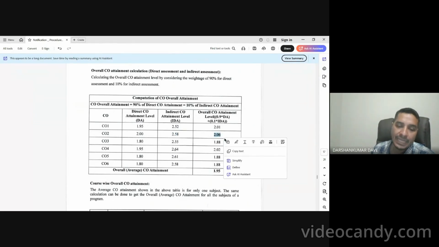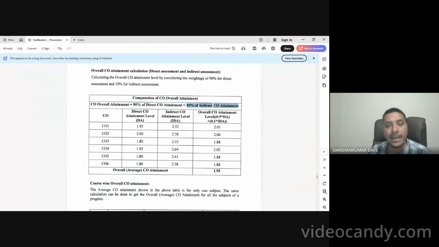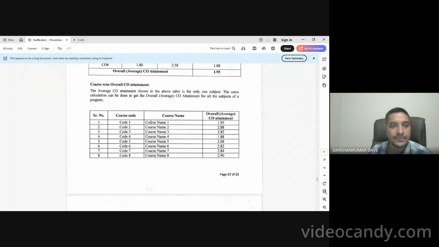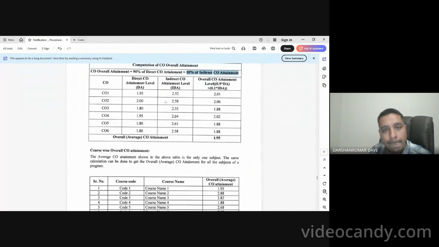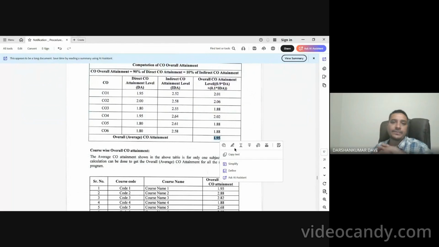Is that clear? This simply means that we are giving 90% weightage, the most weightage, to direct attainment, and only 10% to indirect attainment. One should avoid indirect assessment for course outcomes. Once this is done for every course outcome, and the CO attainment levels are measured, again an average is taken, 1.95.